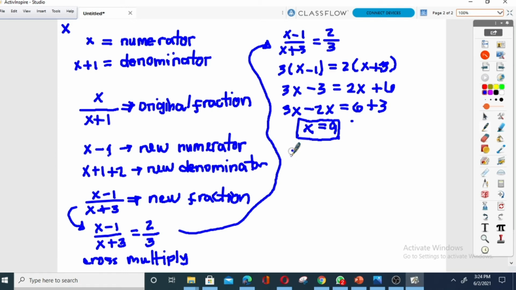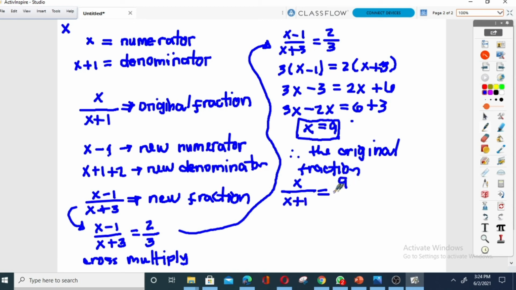So therefore, the original fraction will be x over x plus 1 is equal to 9 over 9 plus 1 is equal to 9 over 10.